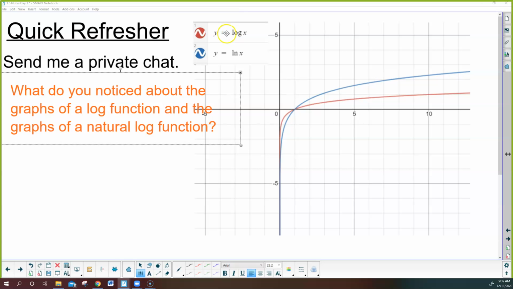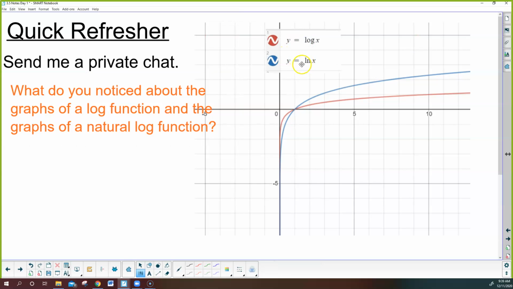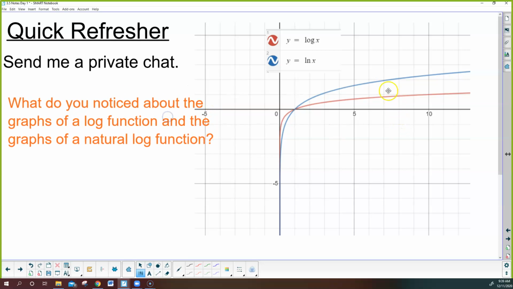The red one is the log function, you can see that here, and the blue one is the natural log function. So throw it in the chat. What do you notice? What do you wonder about the two different functions?